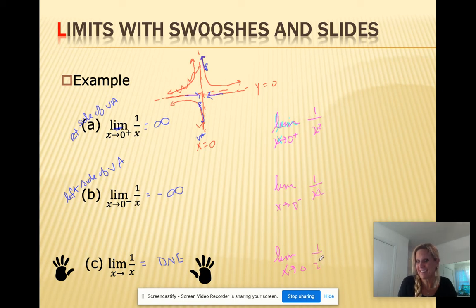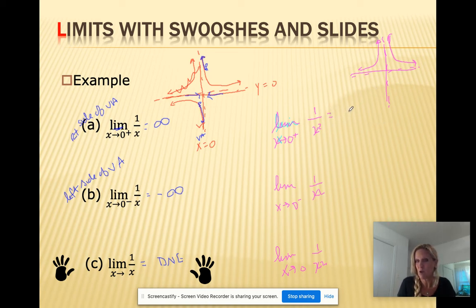You see what I did there? Right? You need to know what that graph looks like. 1 over x squared still has a vertical asymptote and a horizontal asymptote. The right side still looks kind of like this, but you know what the left side does? You're squaring it, so all your range values that were negative become positive, right?